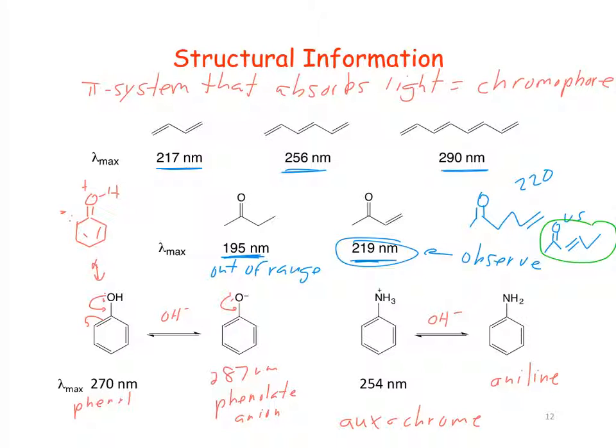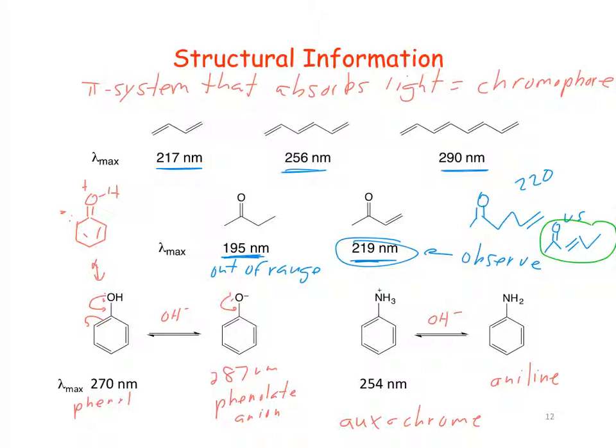So what do you think? Is the wavelength for aniline going to be longer or shorter than that of the ammonium ion? How many people think longer? Raise your hands. How many people think shorter? Nobody? Okay, so you guys were right.